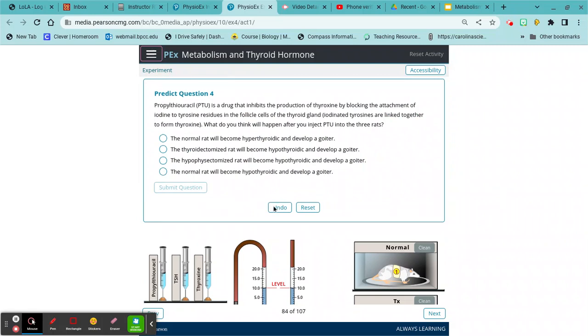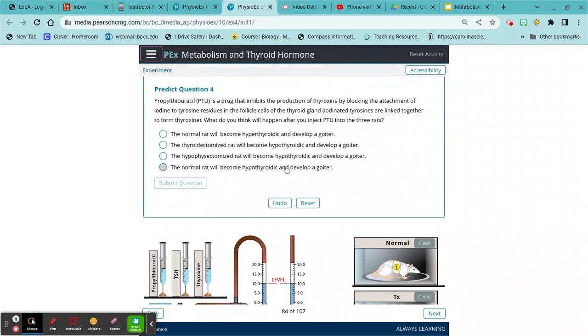Okay, now I'm going to stop the experiment here because I think that for the most part, you're getting the idea. This next series would be a chemical that inhibits the production of thyroxine. We could go through this again, but I think the ultimate thing you understand from this activity is that as we manipulate the different hormones, there are different responses based upon where the hormone is being interrupted.